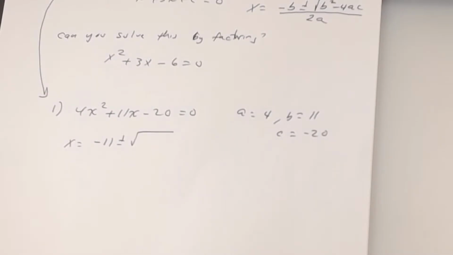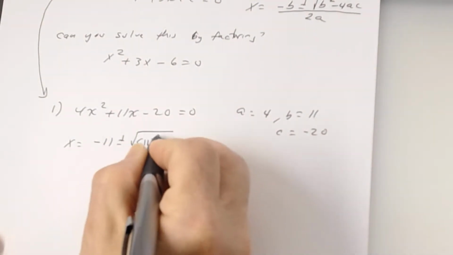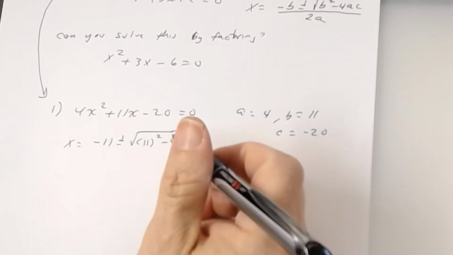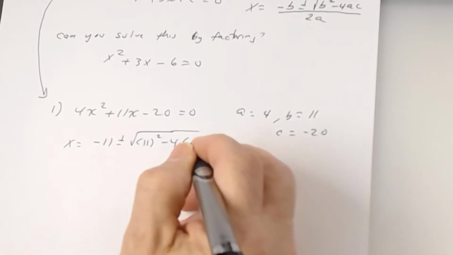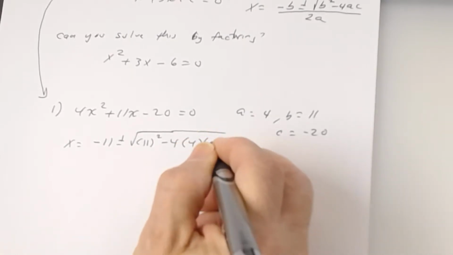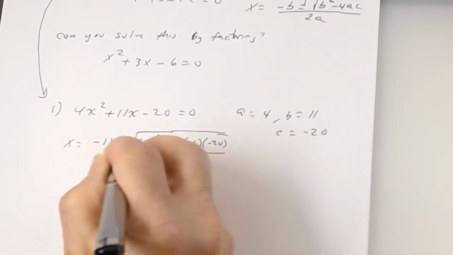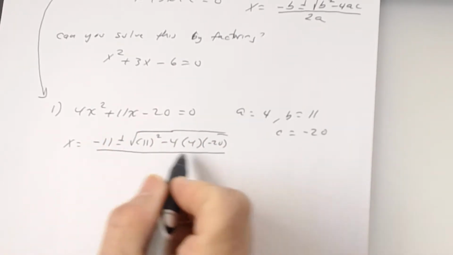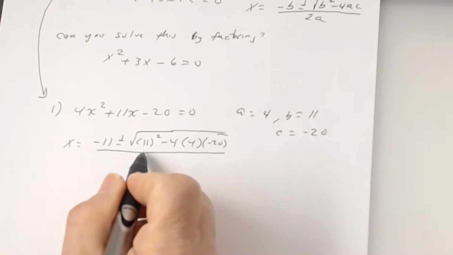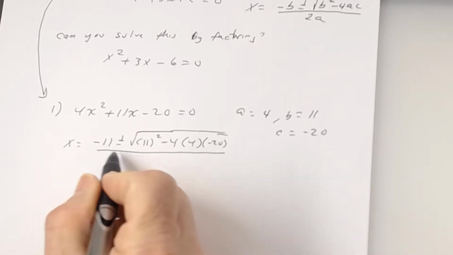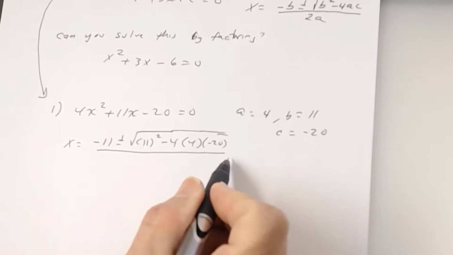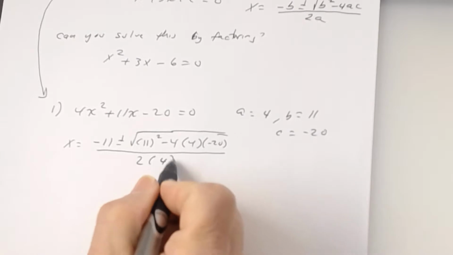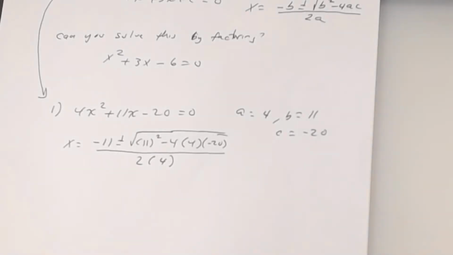So (11) squared minus 4 times a, everything in parentheses. a is 4, times c, which is negative 20, all over. Make sure you extend this line all the way underneath, from negative 11 to the end. All over 2 times a, and what's a? 4. So all you do is just plug in. Now you're going to chug.